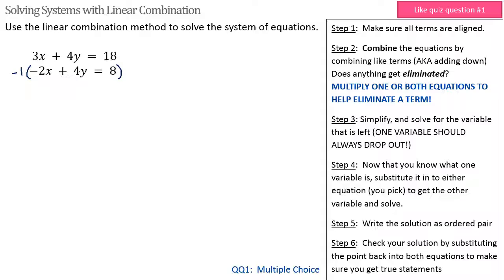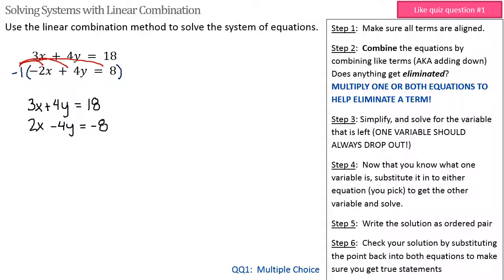I'm just going to do the bottom here, by a negative 1. So we still have our first equation, which is 3x plus 4y equals 18. And now our bottom equation, we have to distribute that negative 1 through to all the terms, and we're going to get positive 2x now minus 4y equals negative 8.